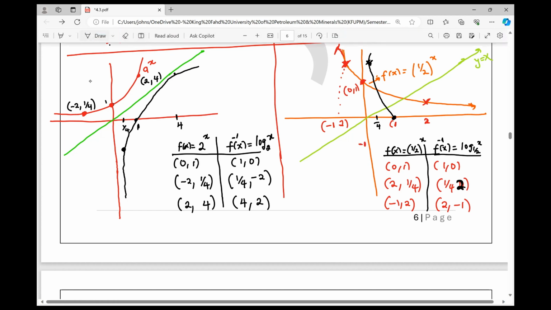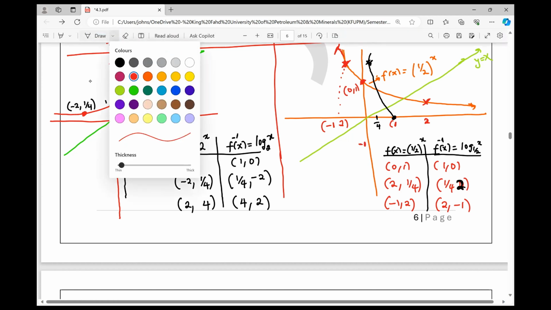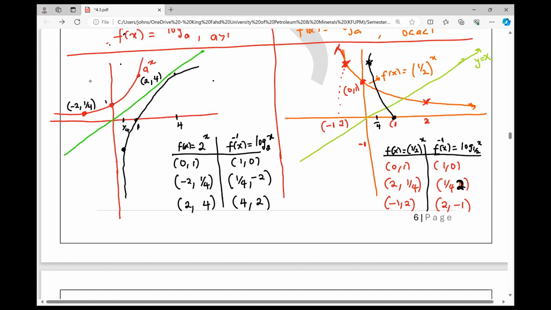So this is going to be somewhere at 2, minus 1. So it means that this is going to continue to stretch down all of this. So the black line is our inverse function.